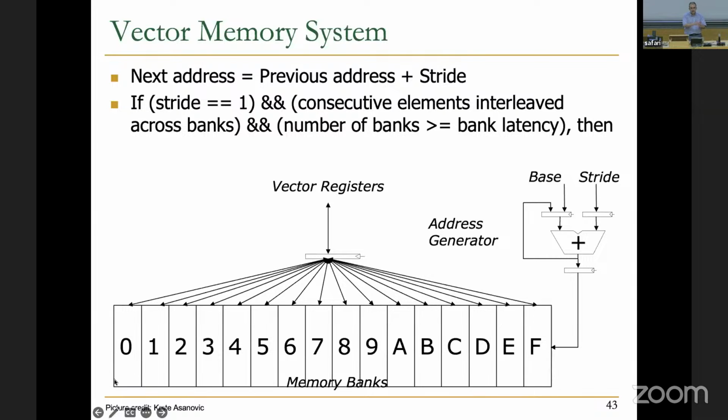If we interleave our elements nicely through these banks, and the number of banks is larger than the bank latency, then we can sustain one element per cycle throughput. This last item is quite important. Imagine that your bank latency is 11 cycles, for example. It takes 11 cycles to load from your memory, so you need at least 11 banks. And in computer architecture, we usually like to use powers of 2, so that's why, for example, in the Cray we had 16 banks.